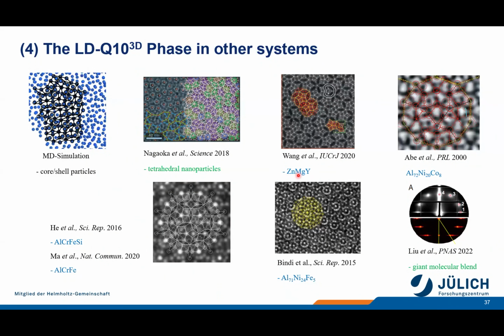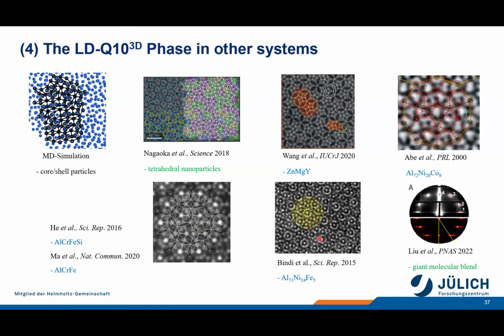This is zinc, manganese, yttrium metal alloy. This is aluminum, nickel, cobalt alloy. And this is aluminum, chrome, iron, silicon. This and this example are really the hallmark of metal alloy decagonal quasicrystals with high resolution TEM. And you see the simple rhomb tiling quantitatively fits on top of this.